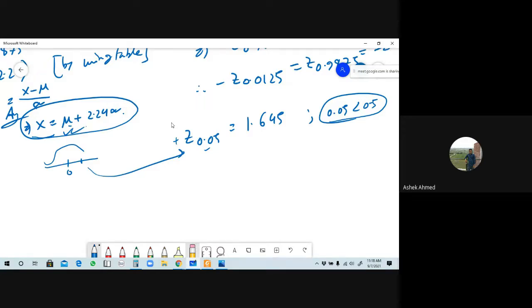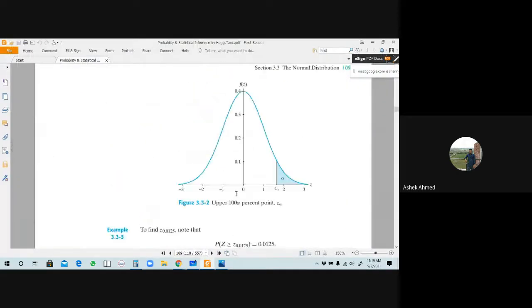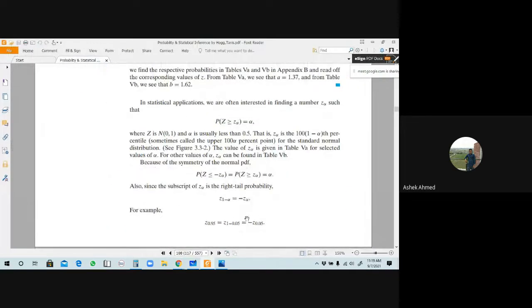Okay, from here if you want to find out the value of z suffix 0.95, I already know that the value of z suffix 0.95 is minus z suffix 0.05. Okay, that I already discussed in the previous line, that z suffix 0.95 equals minus z suffix 0.05.